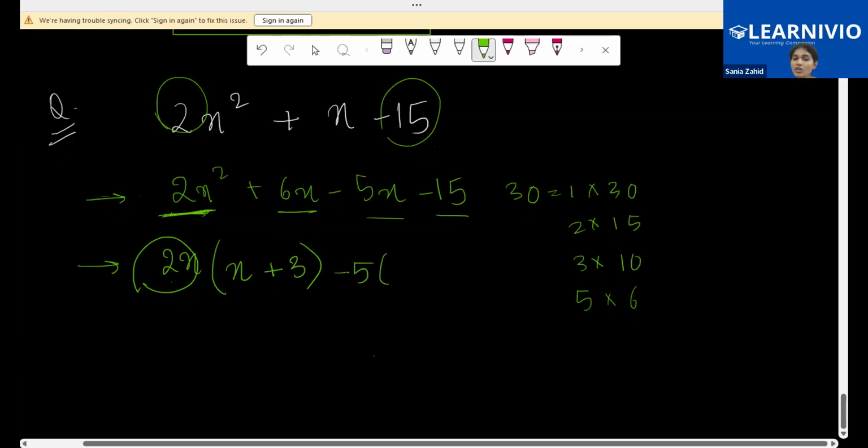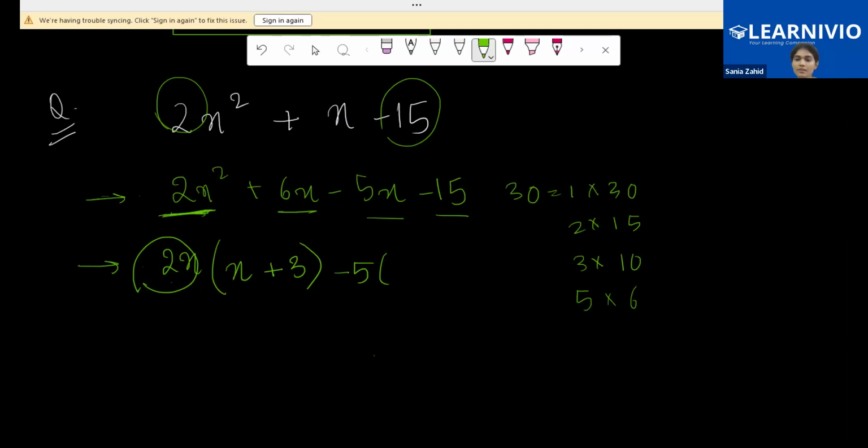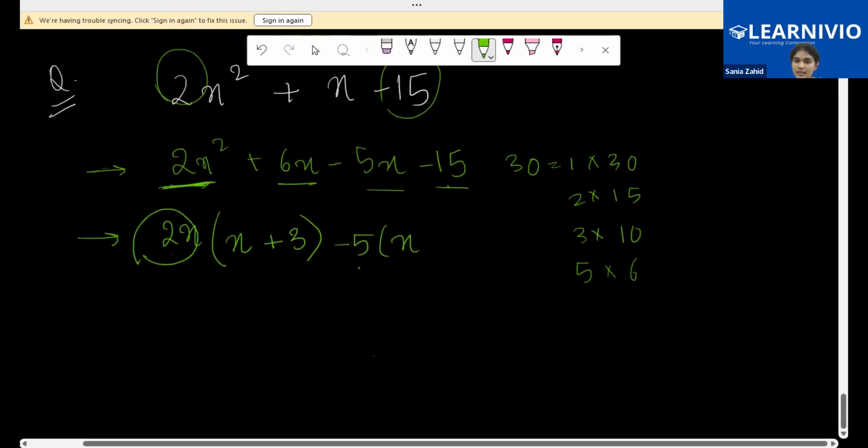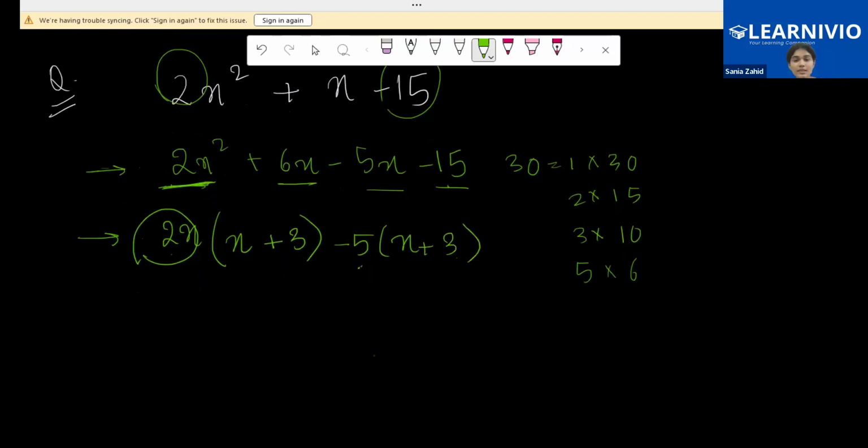And now with what should I multiply minus 5 to get minus 5x? x. And then with what should I multiply minus 5 to get minus 15? Plus 3, not minus 3. Minus 5 into plus 3 gives you minus 15. Minus 5 into minus 3 will give you plus 15. I want minus 15. That's why I've written that.